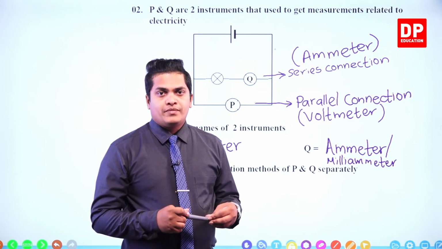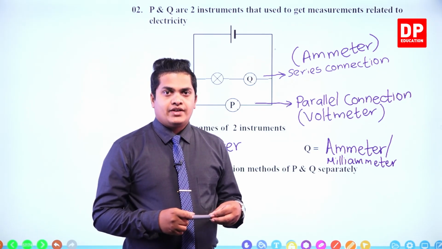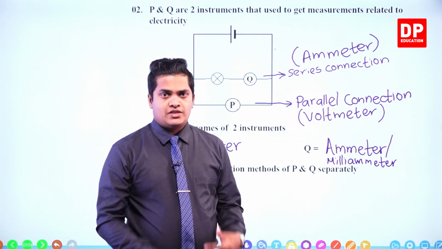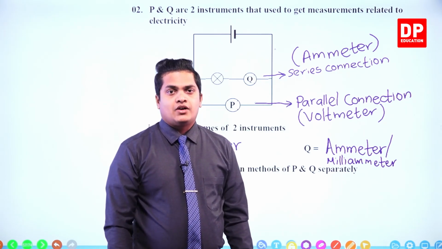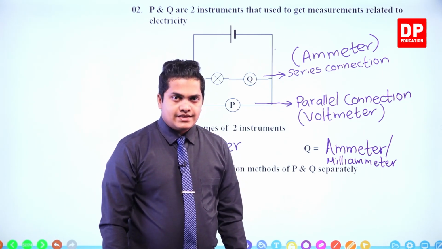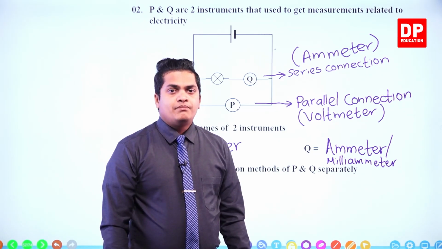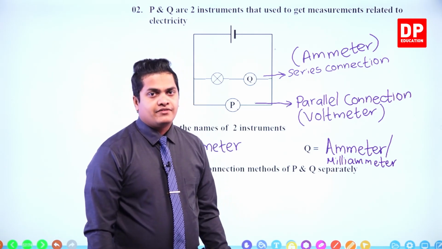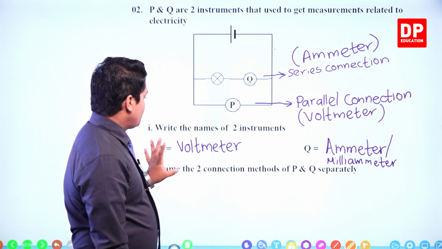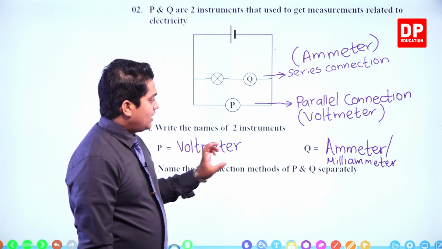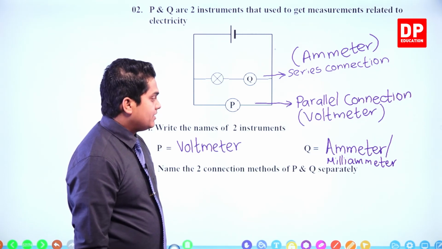Ammeters or milliammeters always show a series connection, while voltmeters show a parallel connection. So P is a voltmeter and Q is an ammeter or a milliammeter.